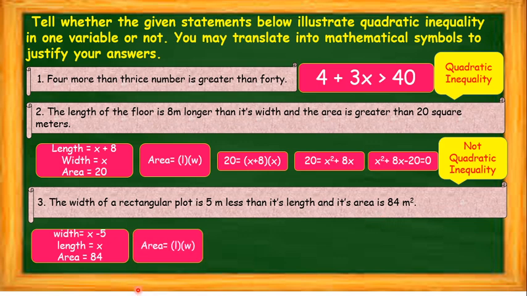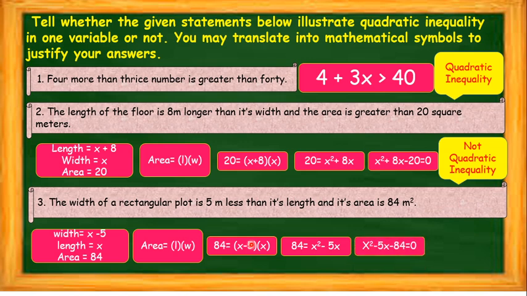The formula for area is length times width, so 84 equals x times x minus 5. By the distributive property and transforming into standard form, we get x squared minus 5x minus 84 equals 0, and that is not a quadratic inequality.